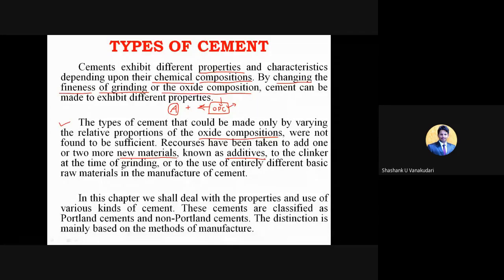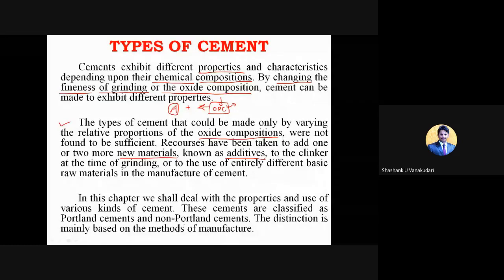And then at the time of grinding, or through the use of entirely different basic raw materials in the manufacturing of the cement. Either we can change the materials at the time of clinker, or change the entire process just by replacing the raw materials. We can go with any other methods just to change the property of the original cement.